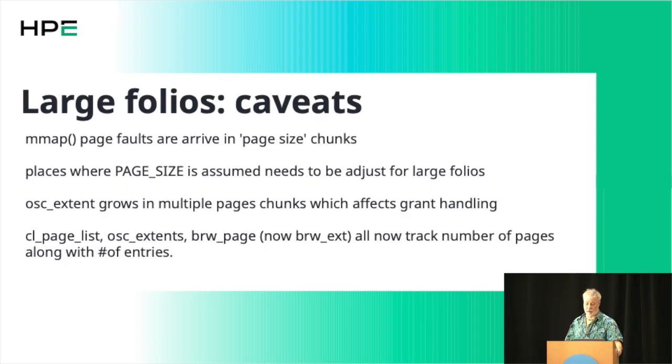The OSC extent grows in multiple pages now, so this affects grant handling, so we have to calculate grants a little bit differently because we are dumping a bunch of pages at once instead of just one at a time. CL page list, OSC extents, BRW page, I called it extent now because it's no longer a page, now include the number of pages along with the number of entries.